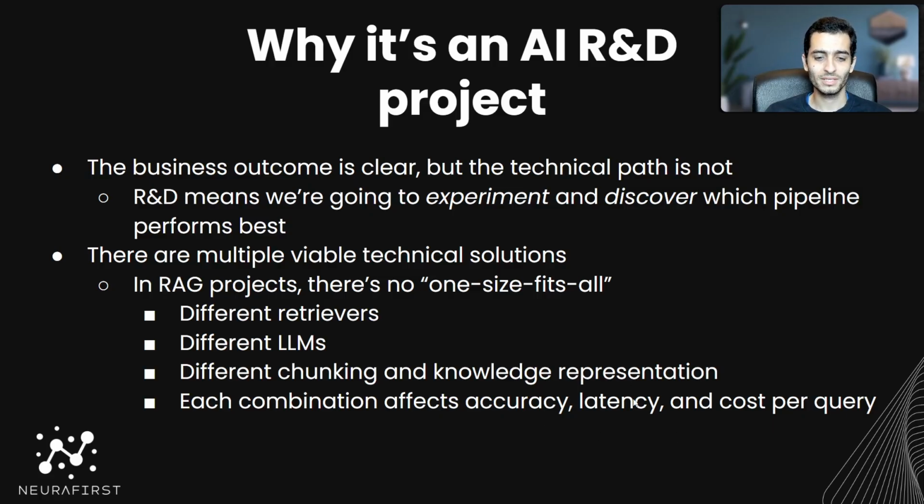So all those three things are called metrics, evaluation metrics, that we'll use to evaluate the RAG system that we'll be building. So basically, what I mean here is that for all the possible solutions, there are multiple combinations of things that we can put together to get a RAG system.